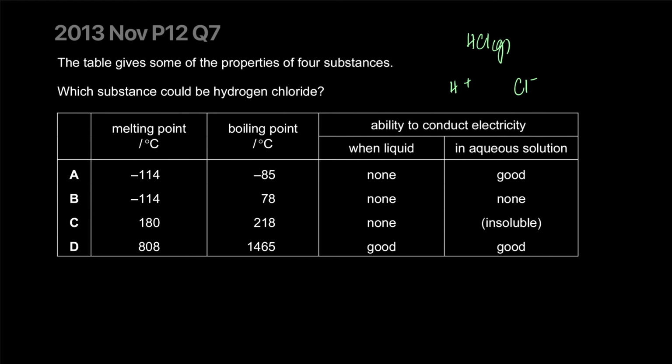I'm going to guess we already have our answer. It boils before room temperature. All of these are either liquids or solids afterwards, right? So we already have our answer. But let's look at the conductivity, why not? As an aqueous solution, it turns into an acid with ions present, so definitely it will conduct.